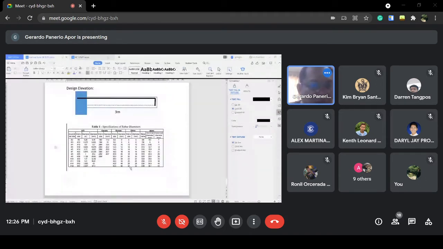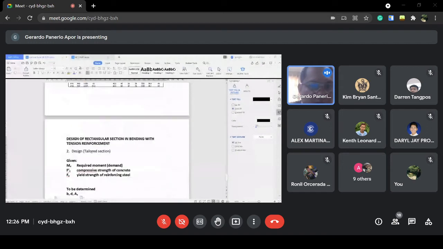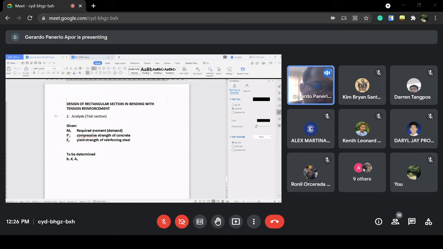Okay, paste. So, design of rectangular tension member with tension one. So, this is analysis type, based on assumed section. So, doon na kay trial section. Okay. So, still the moment is there.